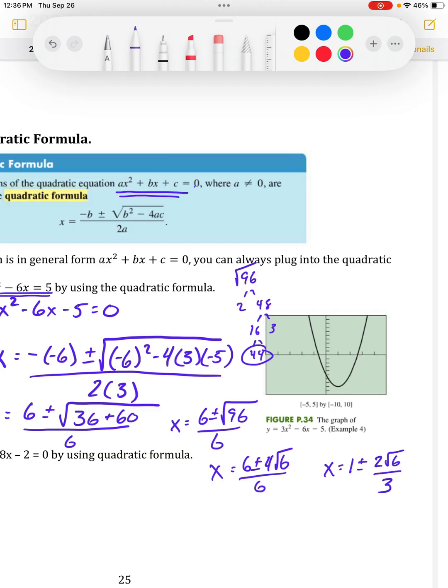If you're wondering how I got that, I did 6 plus 4 root 6 over 6, and then I did the same thing for the minus. And that gave me 1 plus or minus 2 root 6 over 3.